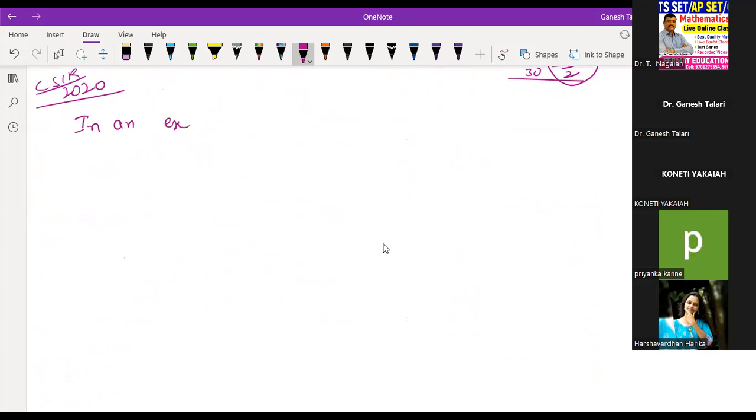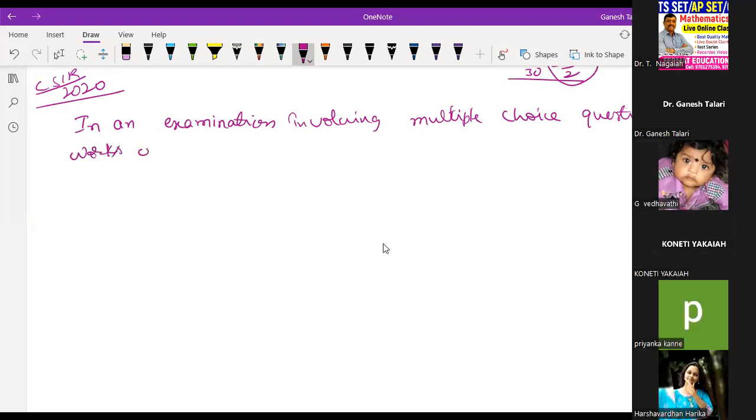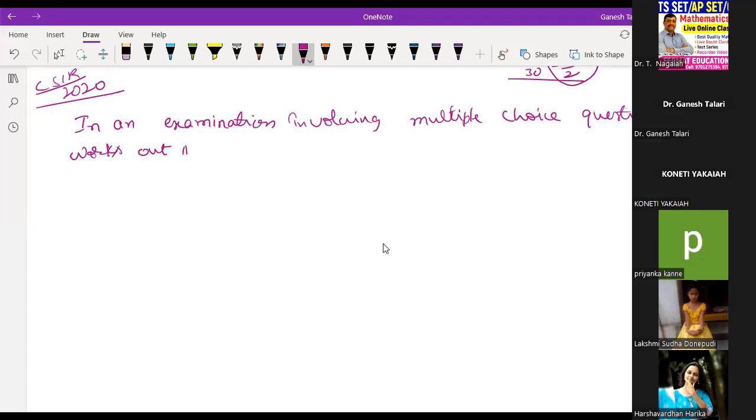In an examination involving multiple choice questions, a student works out the solution in 50% of the questions.